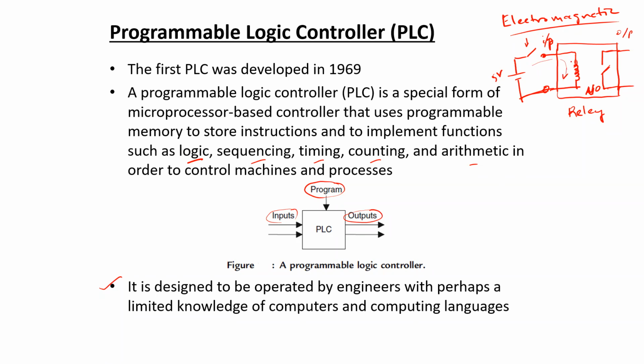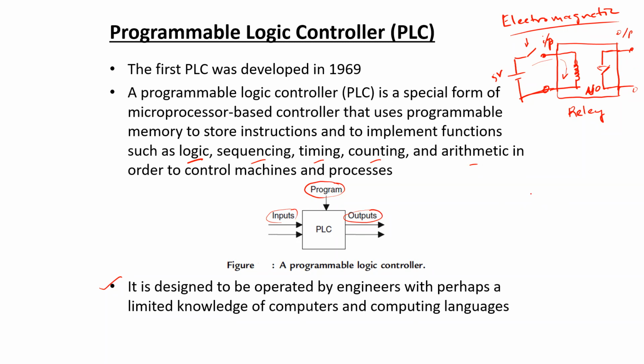So when the relay coil is energized, it will operate this particular contact. So if the contact is initially in normally open state, then when the coil is energized, it will become closed, and whatever the circuitry is connected with the output terminals, it will have a closed path.